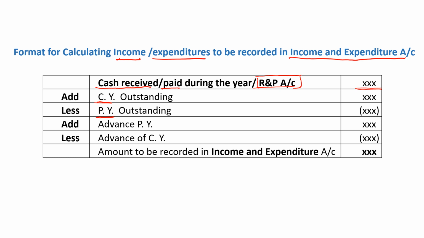To the balance, we need to add the advance which is available in previous year balance sheet, and we need to deduct the advance which is available in current year balance sheet. From this calculation, we will get the amount which should be recorded in income and expenditure account.